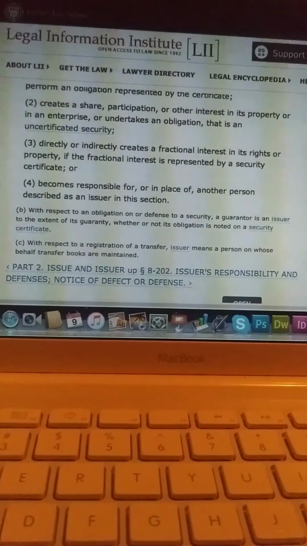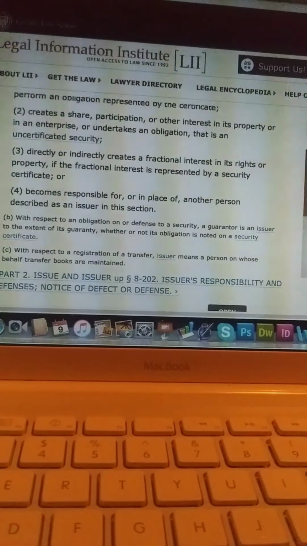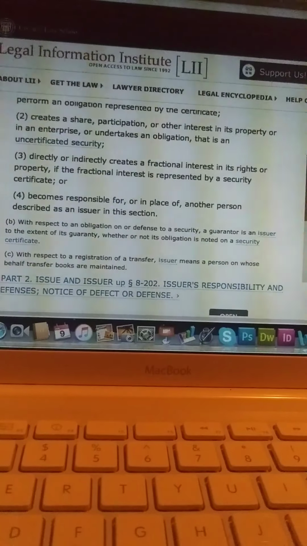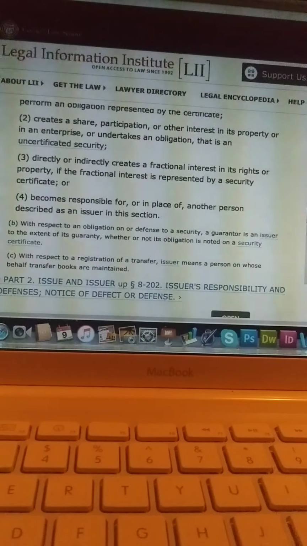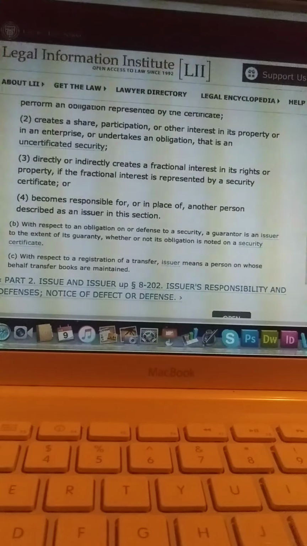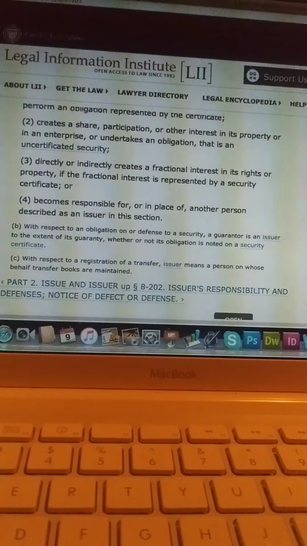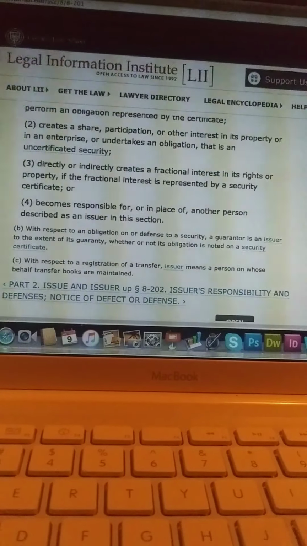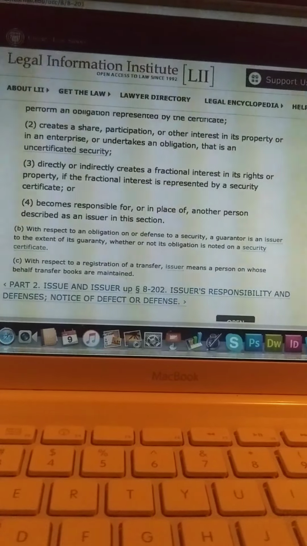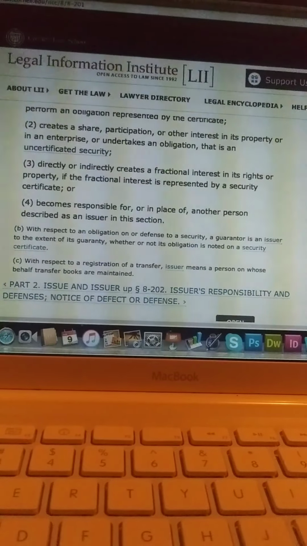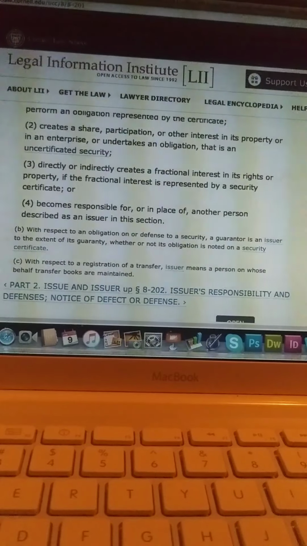2. Creates a share, participation, or other interest in its property or in an enterprise, or undertakes an obligation that is an uncertificated security. 3. Directly or indirectly creates a fractional interest in its rights or property, if the fractional interest is represented by a security certificate, or 4. Becomes responsible for or in place of another person described as an issuer in this section.